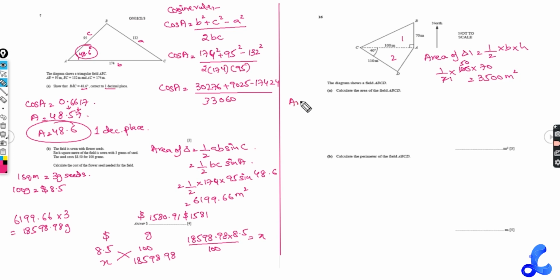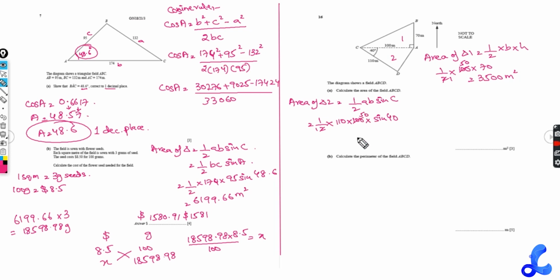So what is that? Area of triangle 2 equals half ab sine of C. Over here, angle C is given to us as 40. So it equals half into a, which we can use as this side, which is 110, times 100, which is this d side given to us, times sine 40.